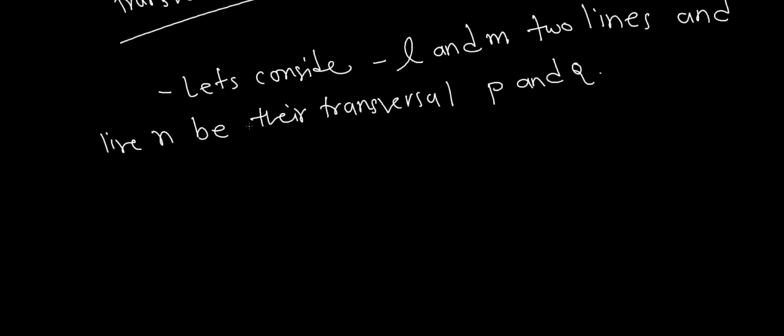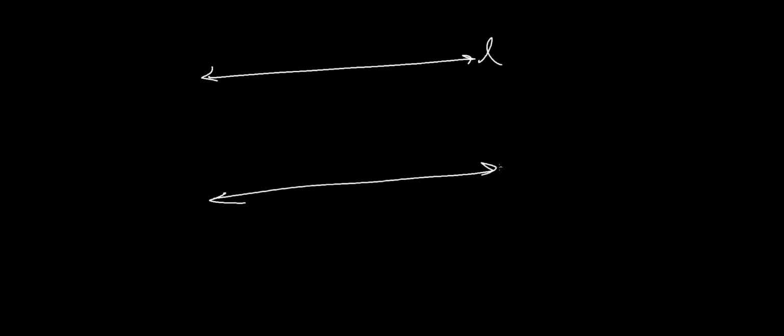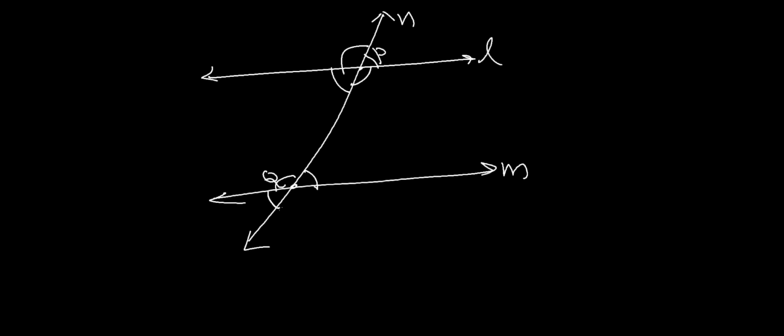So it will look like this. Let's say this is line L and this is line M. L and M, and N is intersecting both at point P and Q. So in intersection it forms these angles. So let's say this one, and this and this.